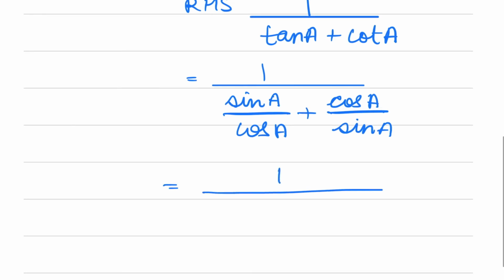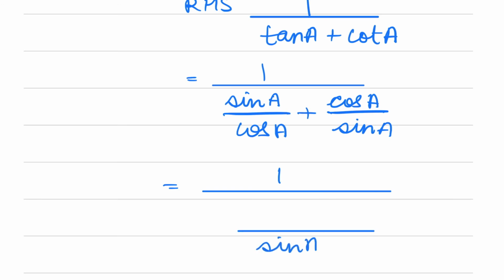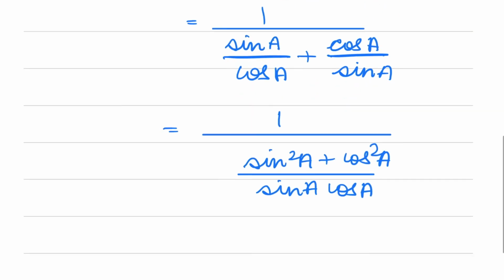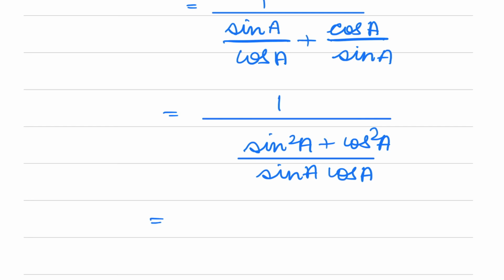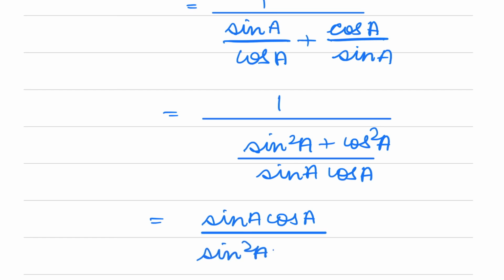So 1 by, and the LCM is sin A cos A. Here I have sin square A plus cos square A. Now this is equal to the inverse, so sin A cos A divided by sin square A plus cos square A.